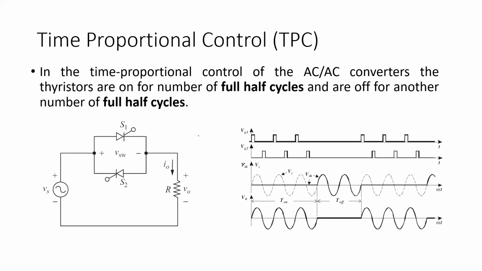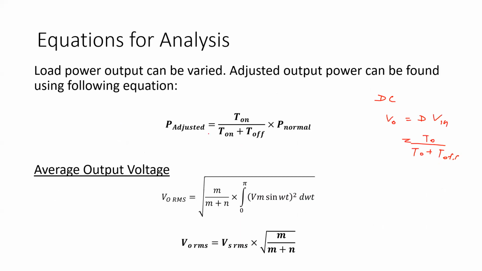So you see usually the waveforms are cutting off. There are positive and negative half cycles, and this accounts for power in AC. An average output voltage we can take by calculating the RMS value.